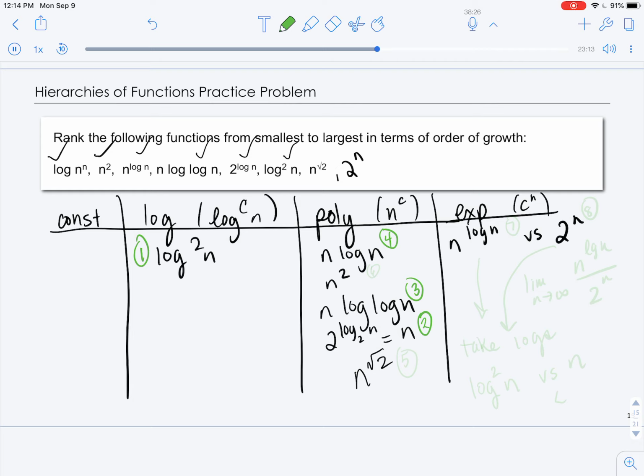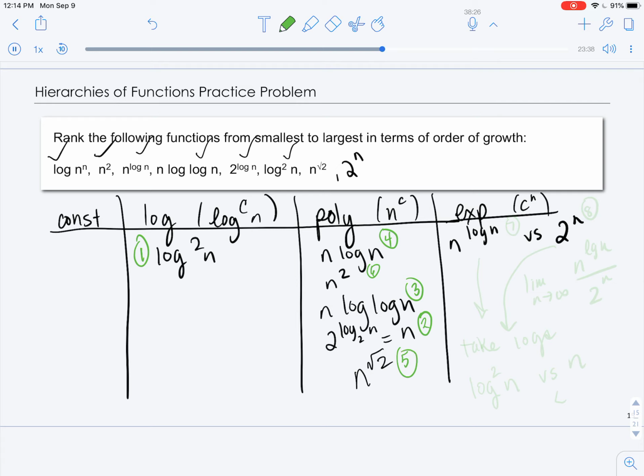For example, if you had n log n divided by n to the square root of 2. So that's where that comes from. Now when we compare n to the square root of 2 to n squared, we can just look at the powers we're raising n to. So square root of 2 is less than 2 in terms of constant, so we're going to label that 5 and label that 6.